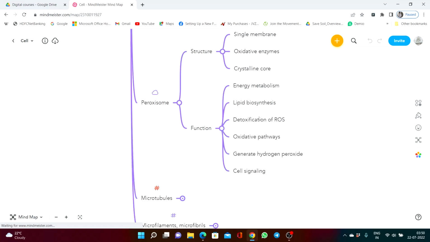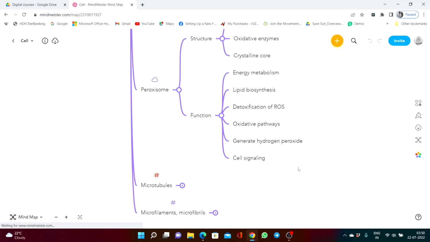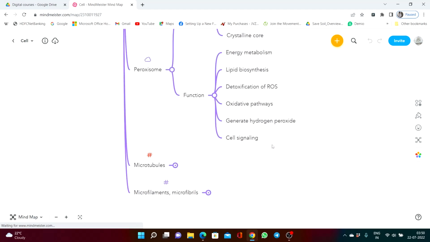It helps in energy metabolism, which forms the function of the peroxisome. It helps in lipid biosynthesis, in detoxification of reactive oxygen species, and in the oxidative pathways. It generates hydrogen peroxide and also helps in cell signaling.